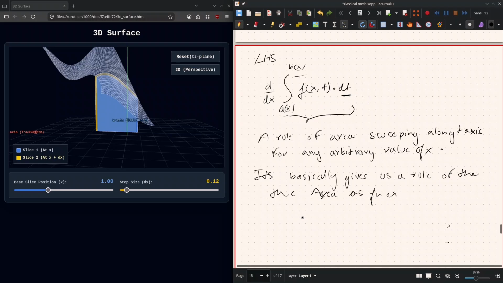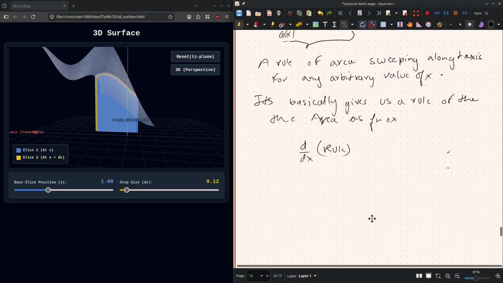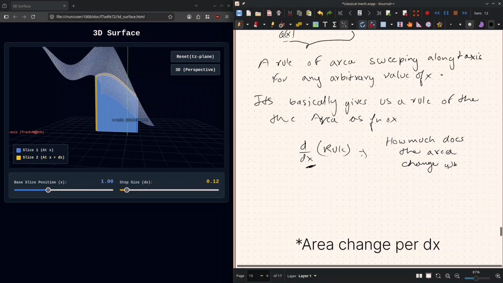And once we differentiate that rule, it tells us how much the area changes when we take a step dx. That's what it tells us: how much does the area change when we take a step dx, obviously along the x-axis.